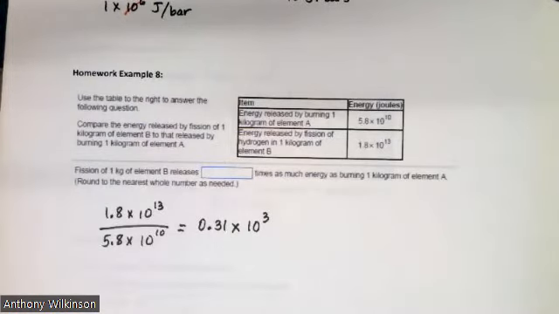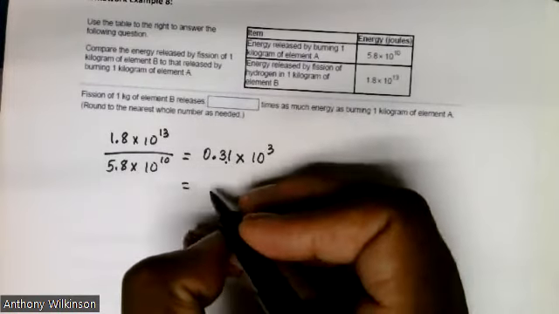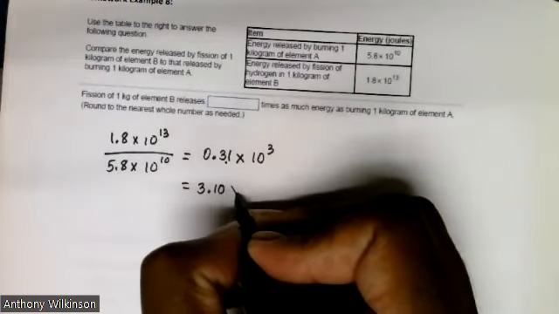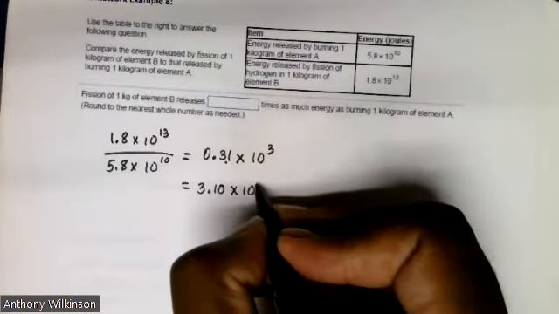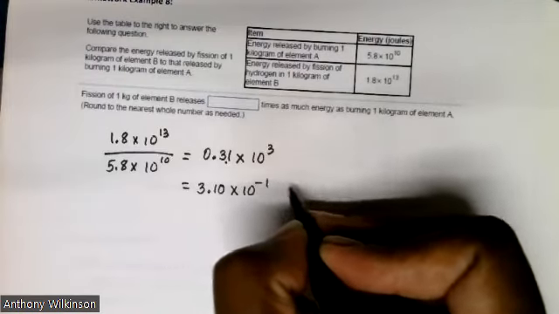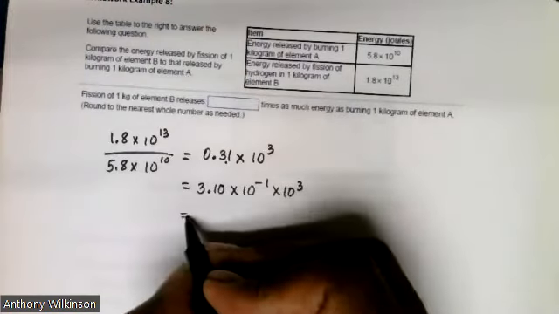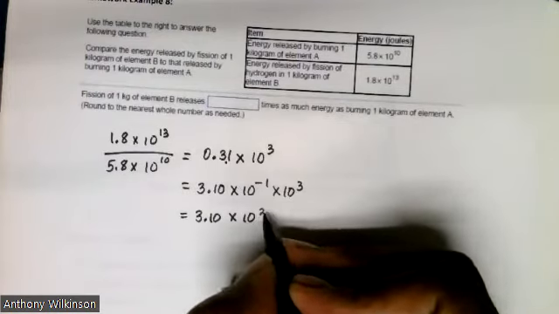Now, of course, that is not in scientific notation, so what you'll need to do there is write 0.31 in scientific notation by moving the decimal point 1 place to the right. So it'd be 3.10 times 10, and since I moved this decimal 1 place to the right, it would be -1 times 10 to the 3rd. And then we got 3.10 times 10 to the -1 plus 3 will be 2.